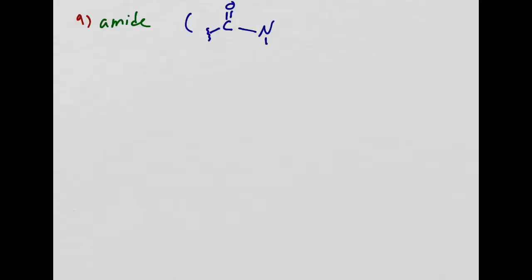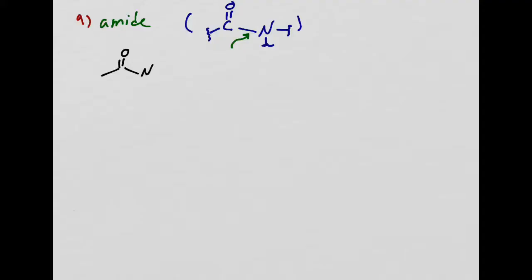And that nitrogen, again, could be attached to carbon or hydrogen. As long as you have 3 bonds, you're good. Now, pay attention to this. That carbon double bonded to oxygen has to be directly attached to the nitrogen. So the nitrogen is directly attached to the carbonyl group. That's an amide.